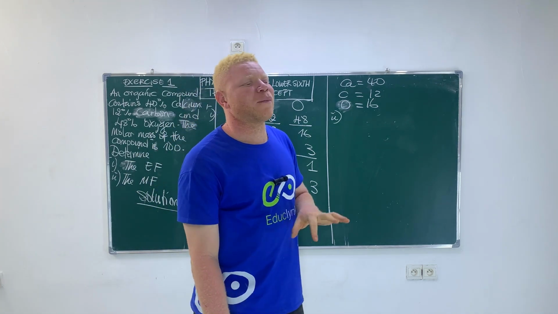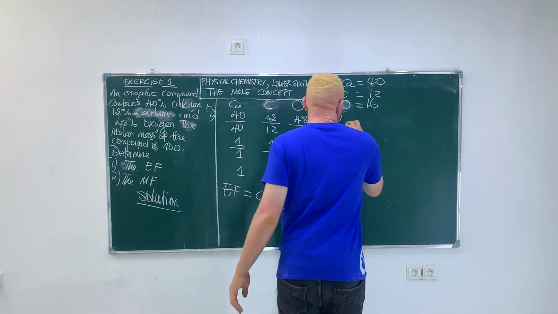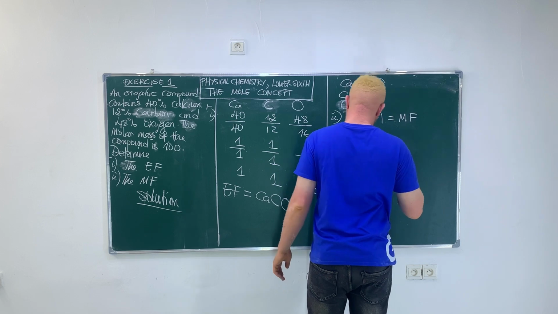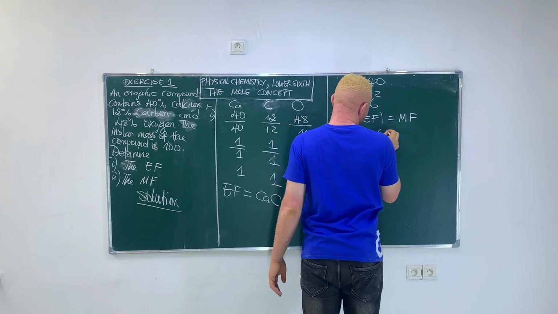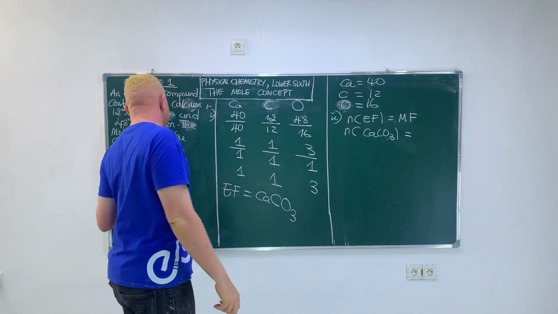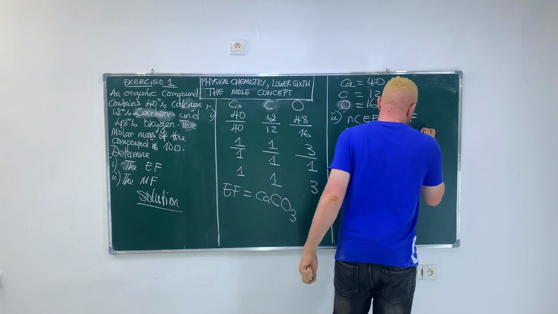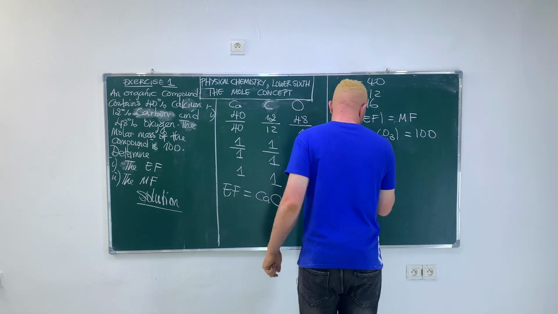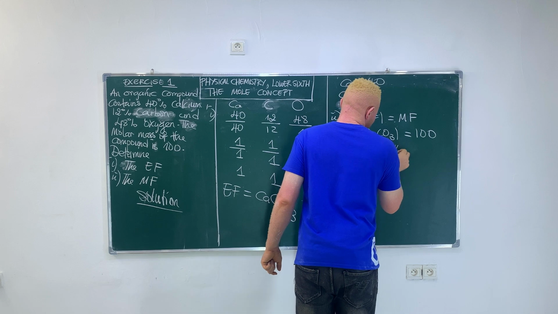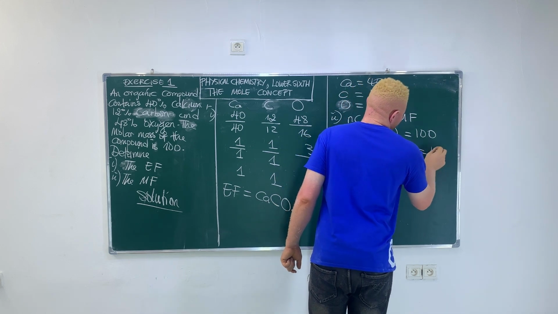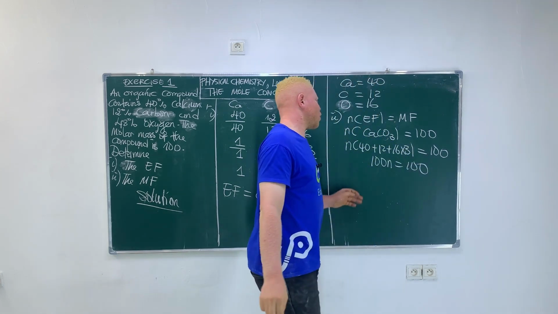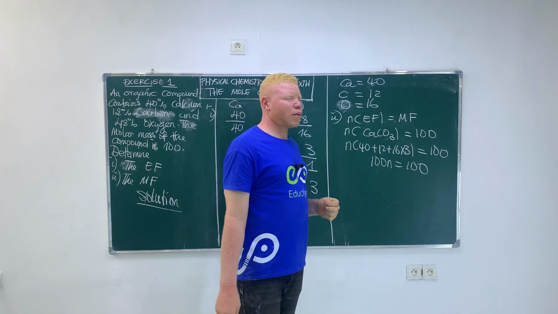To determine the molecular formula, apply the formula: N into empirical formula equals molecular formula. So N into calcium carbonate equals the mass of the compound. The mass of the compound is 100. So N into (40 plus 12 plus 16 times 3) equals 100. 100 N equals 100, because 40 plus 12 plus 16 times 3 is 100.